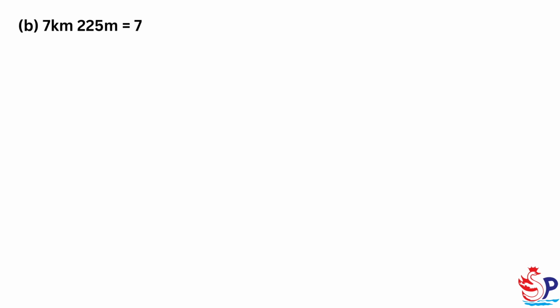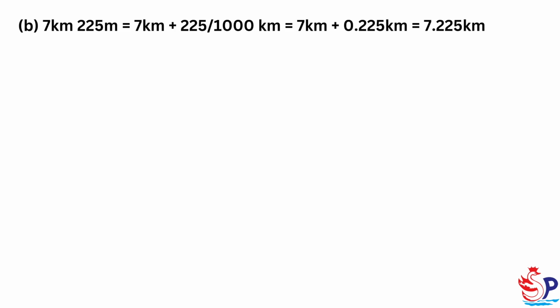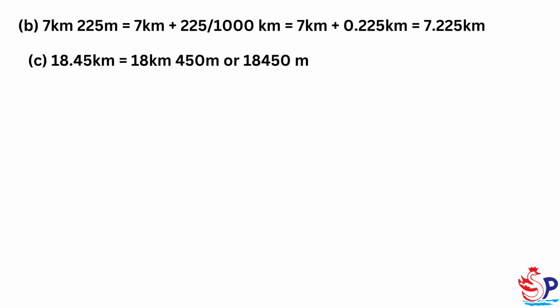B. 7 kilometers 225 meters equals 7 kilometers plus 225 divided by 1,000 kilometers equals 7 kilometers plus 0.225 kilometers equals 7.225 kilometers. C. 18.45 kilometers equals 18 kilometers 450 meters or 18,450 meters.